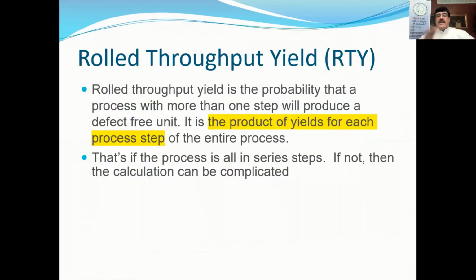Now, one last thing in the measure phase before I conclude it. You might be asked about rolled throughput yield. Basically, it's a very, very simple concept. If you have steps in your process, and in each step there is a probability of success.